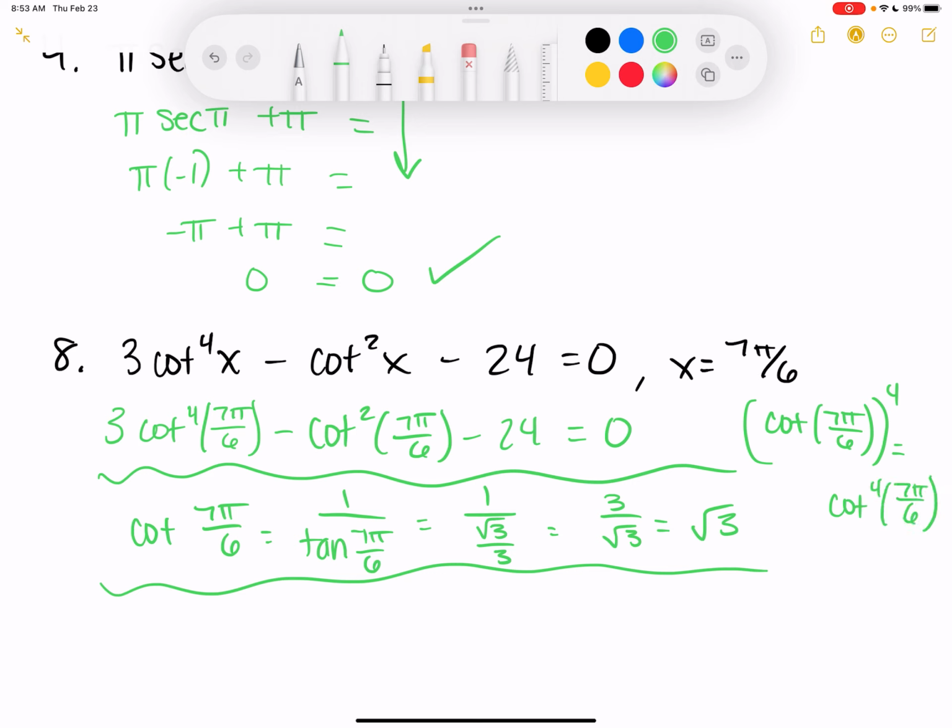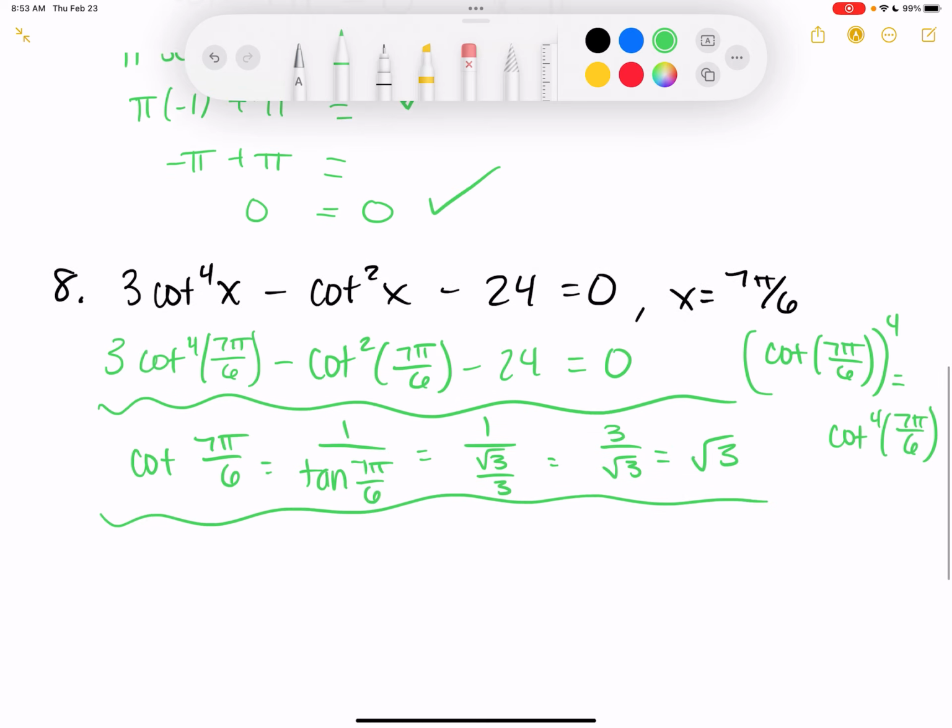These mean the same thing. So I can take this value that I found for the cotangent of 7 pi over 6 and then just raise it to the 4th, square it here. So I'm going to have 3 times the square root of 3 raised to the 4th minus the square root of 3 squared minus 24.